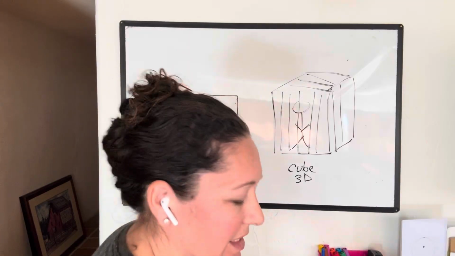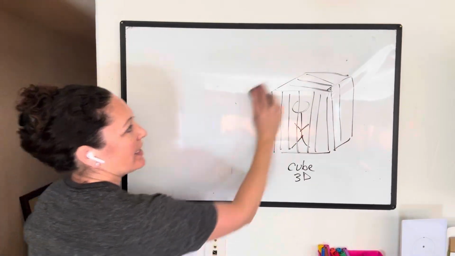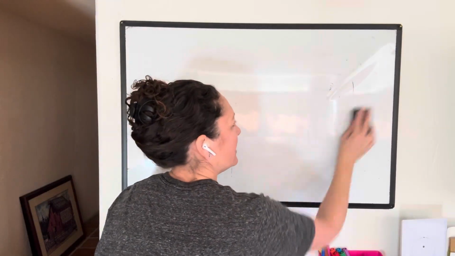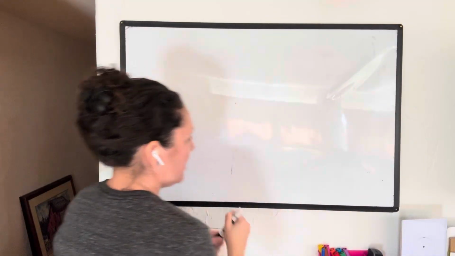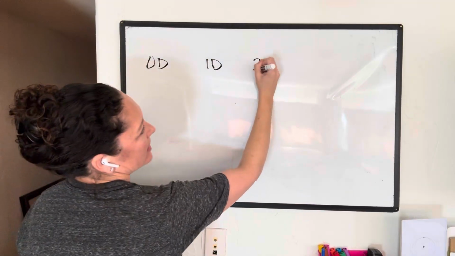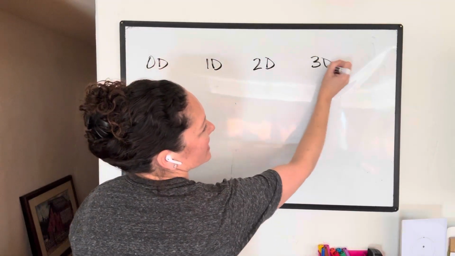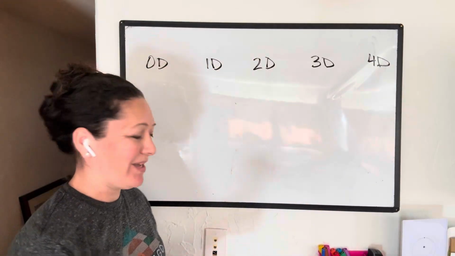Let's look at this geometrically with an image and see how this relates. 0D, 1D, 2D, 3D, and 4D. My 4D drawing is going to be really bad, I can already tell you.